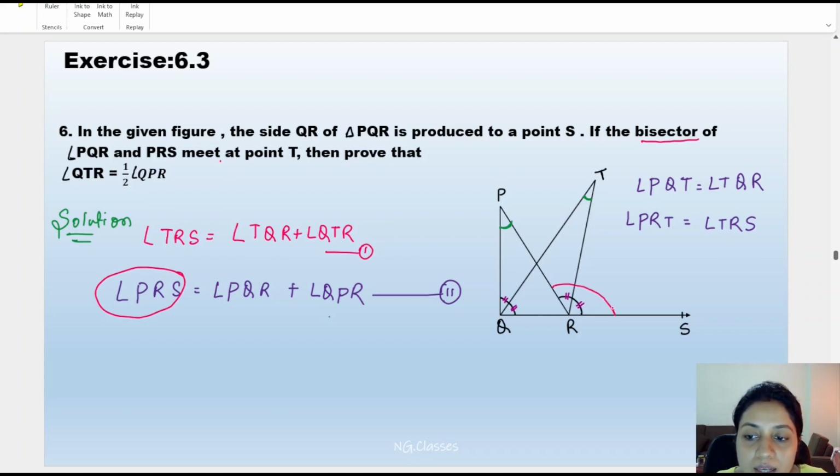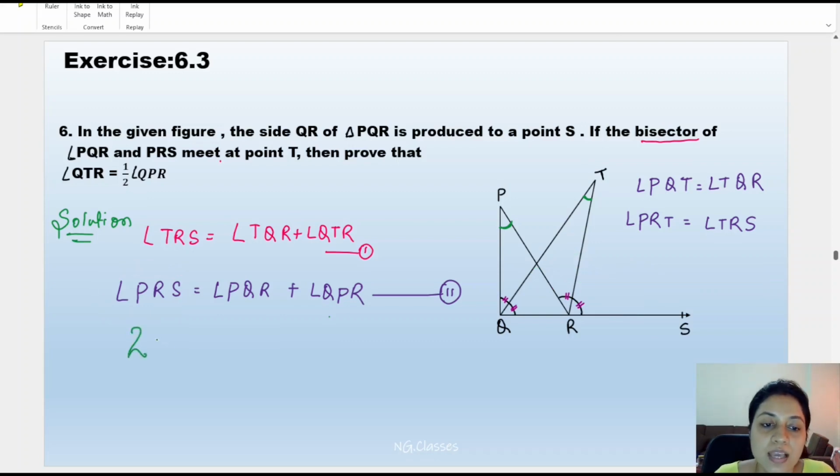This is the angle PRS, right? At the place of PRS, that is this complete angle, can we write it's equals to 2 times this angle, that means TRS, because angle TRS is same as angle TRP, right? This one and this one is same. So if this is X, this is also X, and completely it's twice X, right?